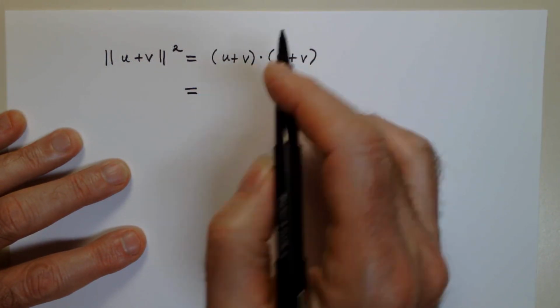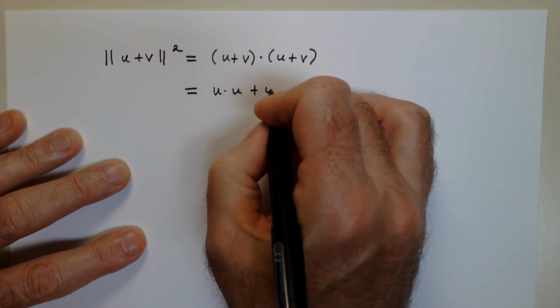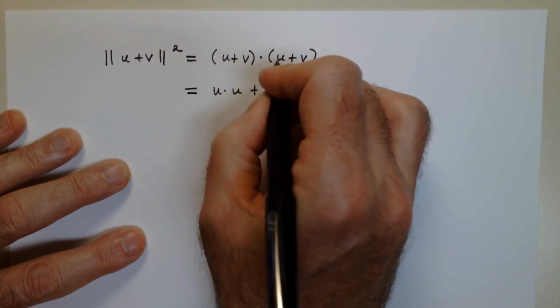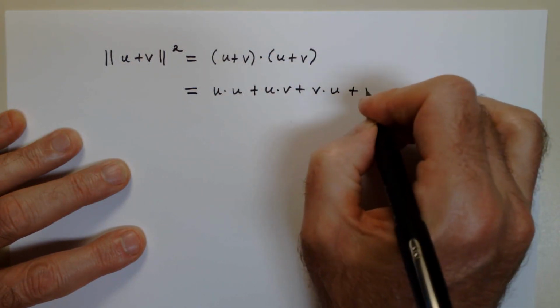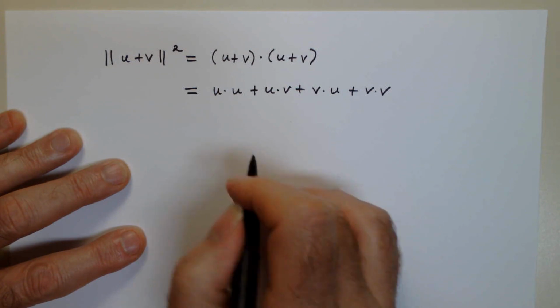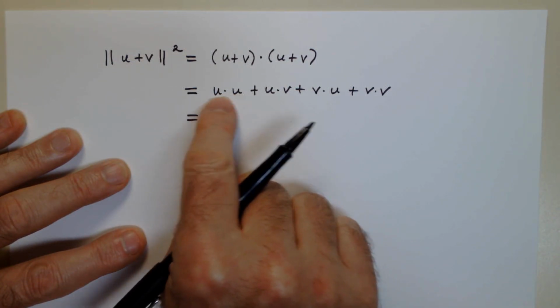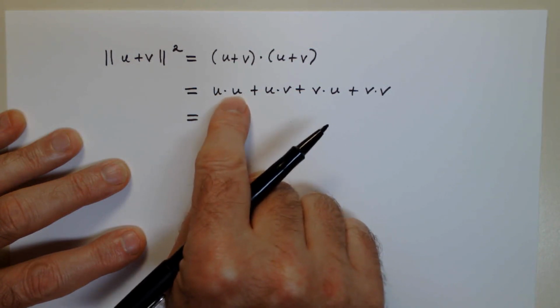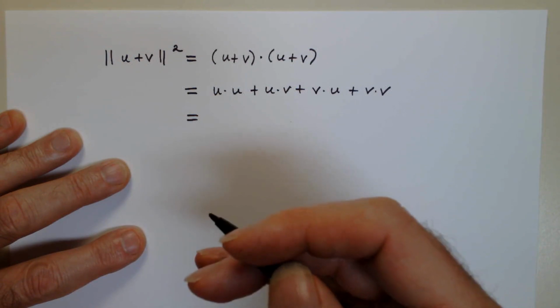We'll have u dot u. We'll have u dot v. We'll have v dot u. And we'll have v dot v. Now, let's recognize what's going on here. Anytime I see a dot product of a vector with itself, when I see u dot u, I know that another way of thinking about that is as the length of u squared.